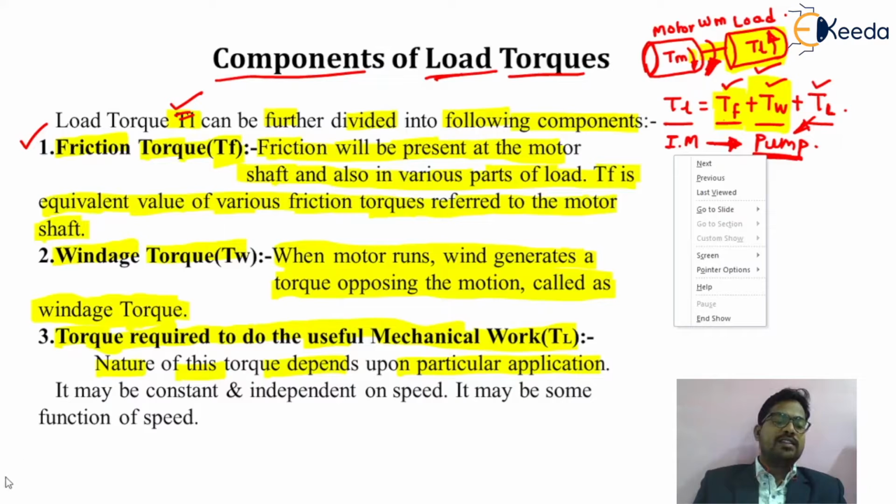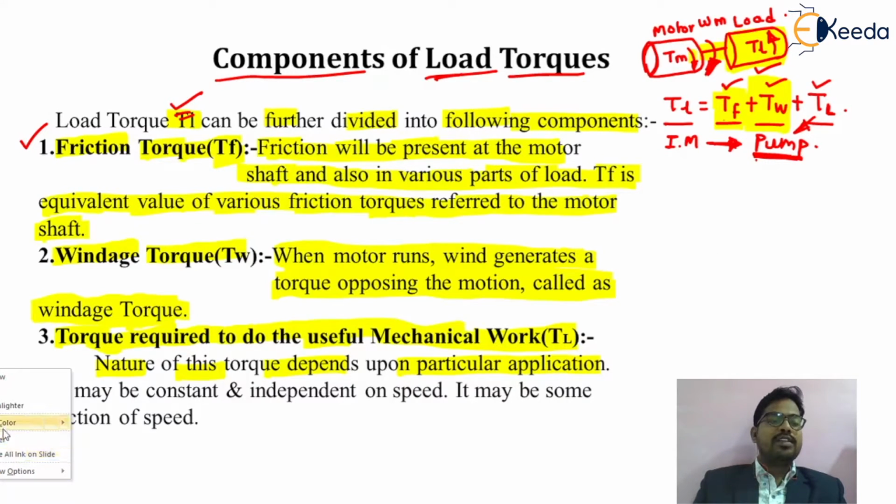So this is the third type of torque component, the torque required to do the useful mechanical work, which depends upon the application and load of your motor. So these are the different components of load torque.